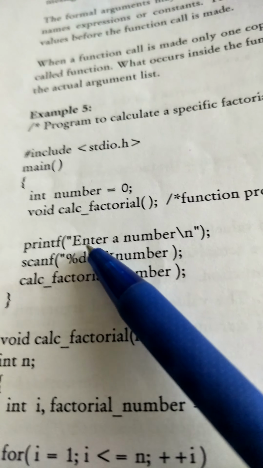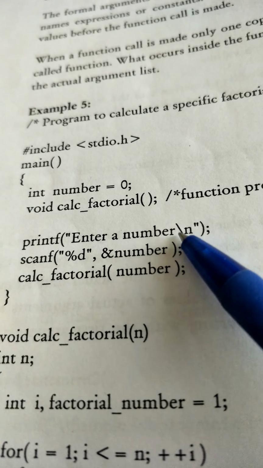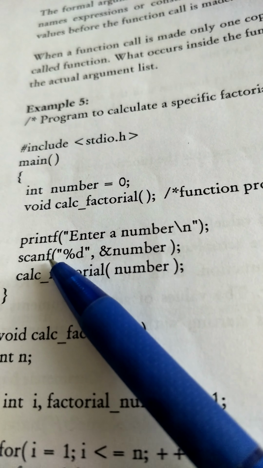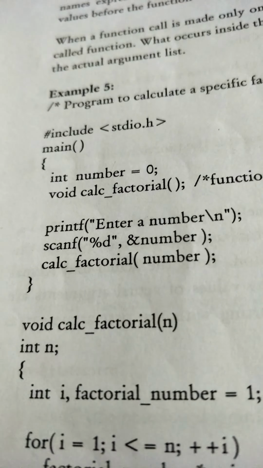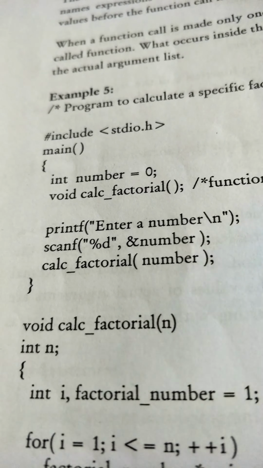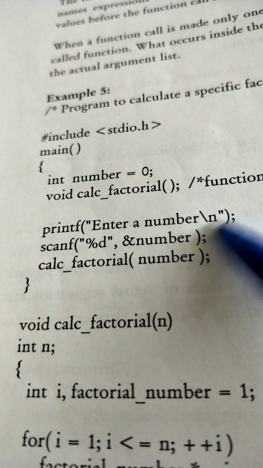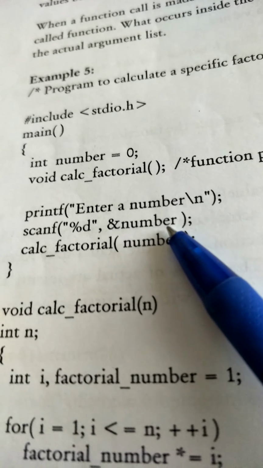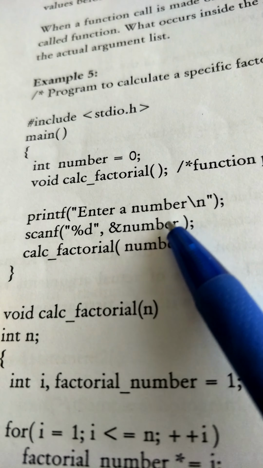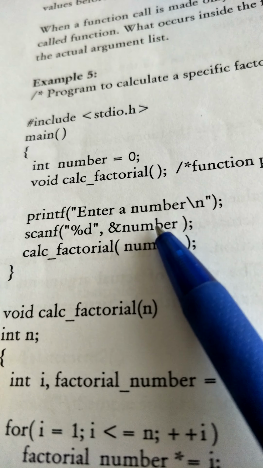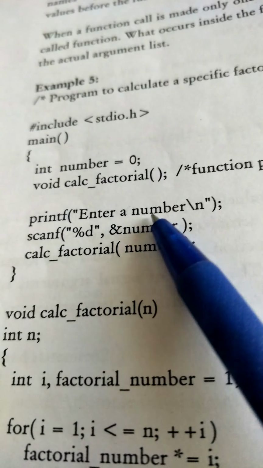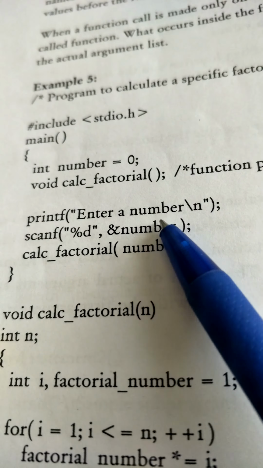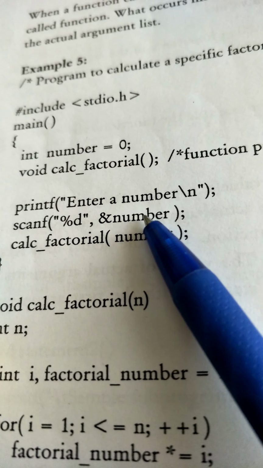Then we enter a number n, and scan means we input the value through the screen. Let's say you want to find 5 factorial or 6 factorial. Then the cursor will wait there, and you just enter the number, whatever it is, 5.